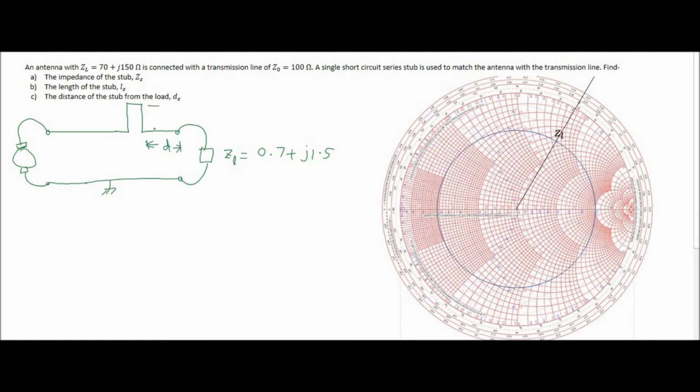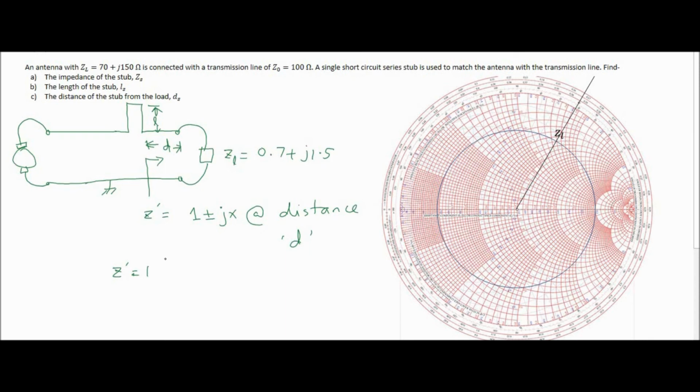At distance d, the impedance, let's say z prime, will be 1 plus or minus jx. Now we have to find this value z prime. So z prime equal to 1 and how much?